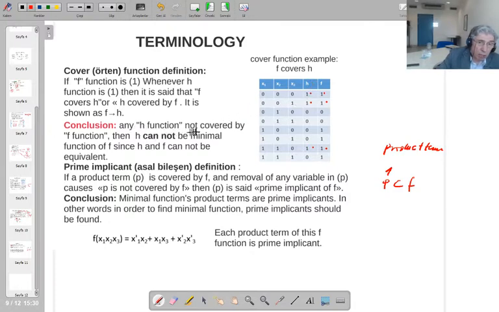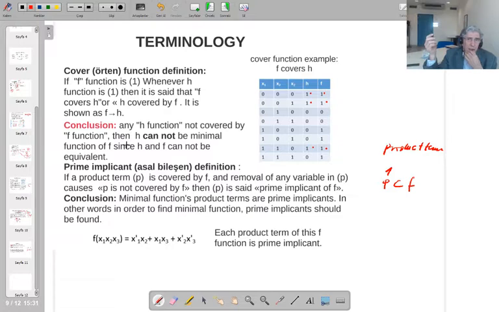Conclusion: any h function not covered by f cannot be the minimal function of f. So that means a minimal function should be covered by the original function. Wherever the minimal function is 1, the original function should also be 1.